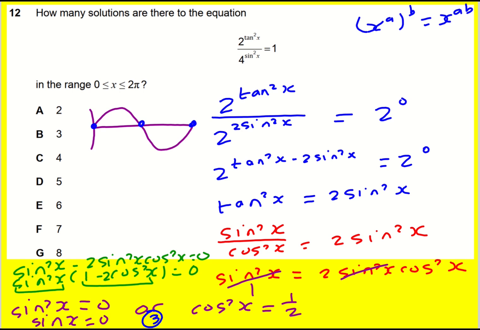Then from my cos squared x equals a half, I'm going to get cos x equals square root of a half, or 1 over root 2, or minus 1 over root 2.